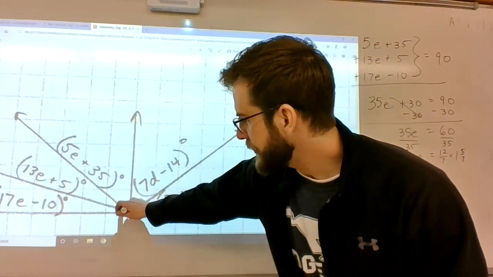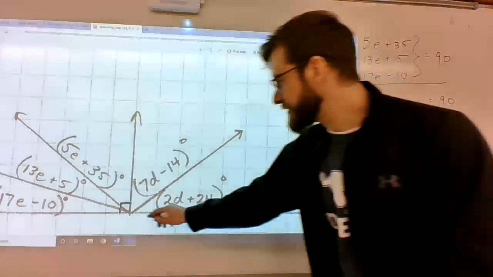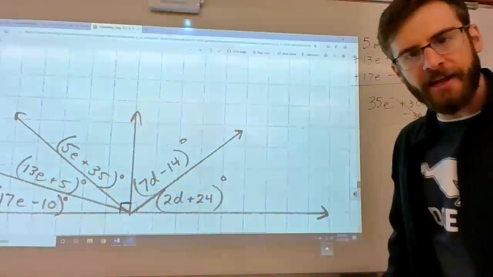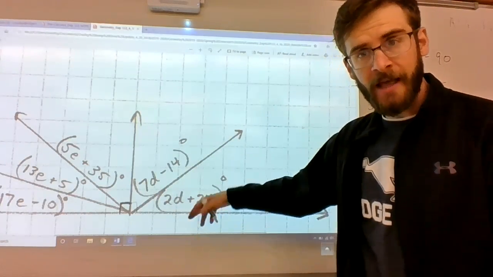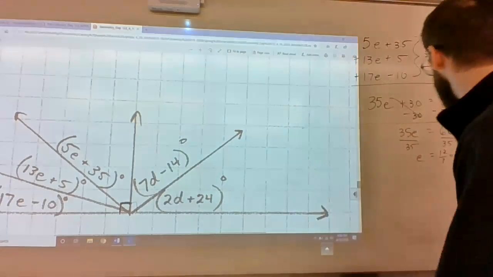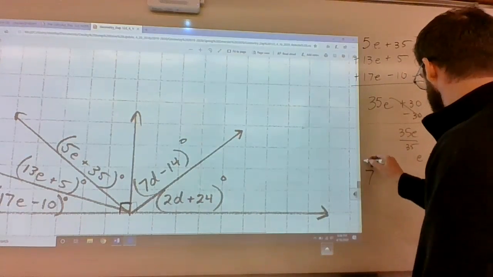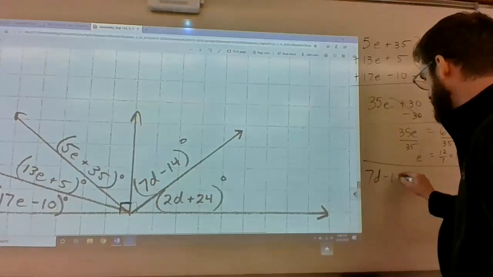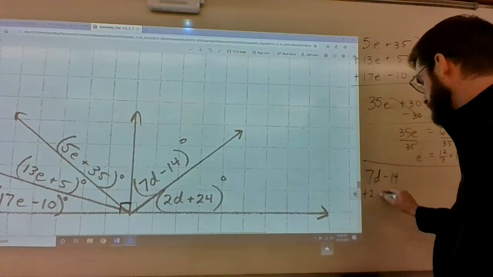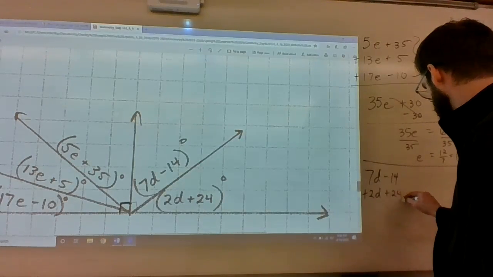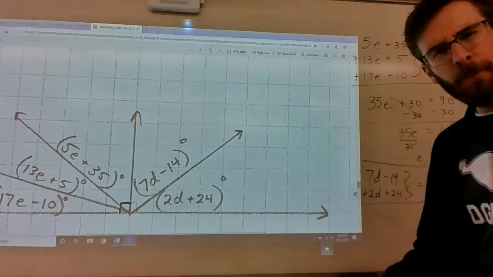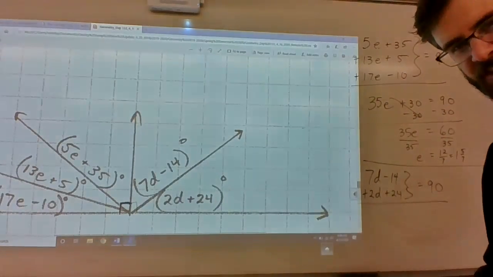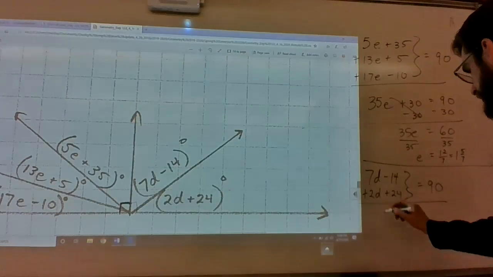If this is 90 degrees, then that means that this is also a 90-degree angle, which means that 7D minus 14 plus 2D plus 24 adds up to 90 degrees. So pretty basic, exactly like the previous example up here.